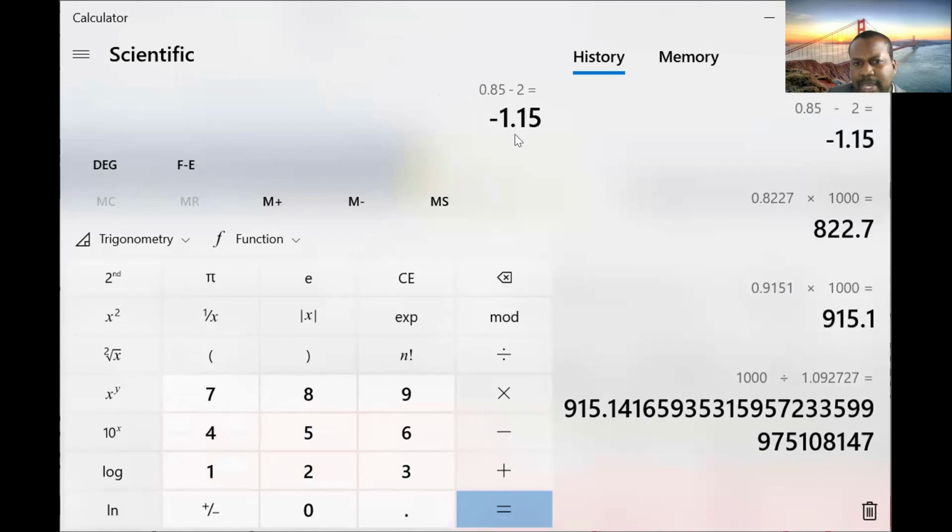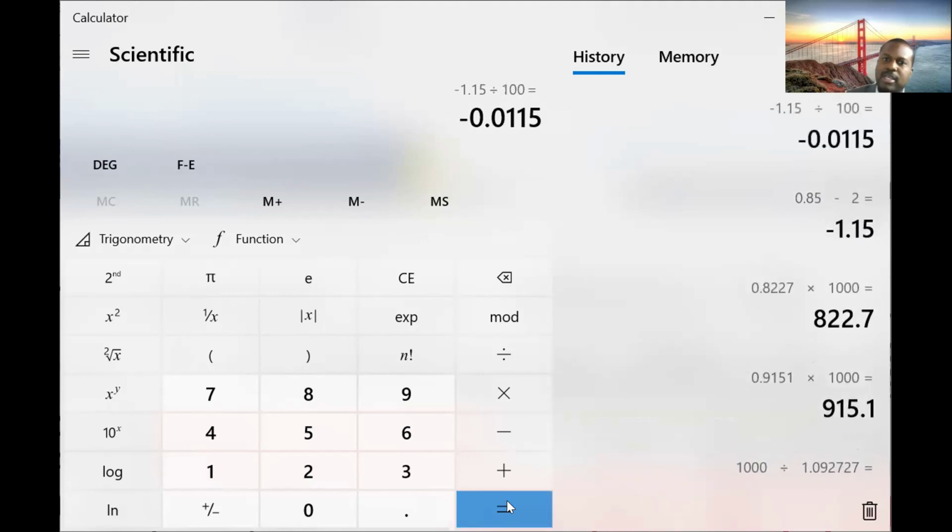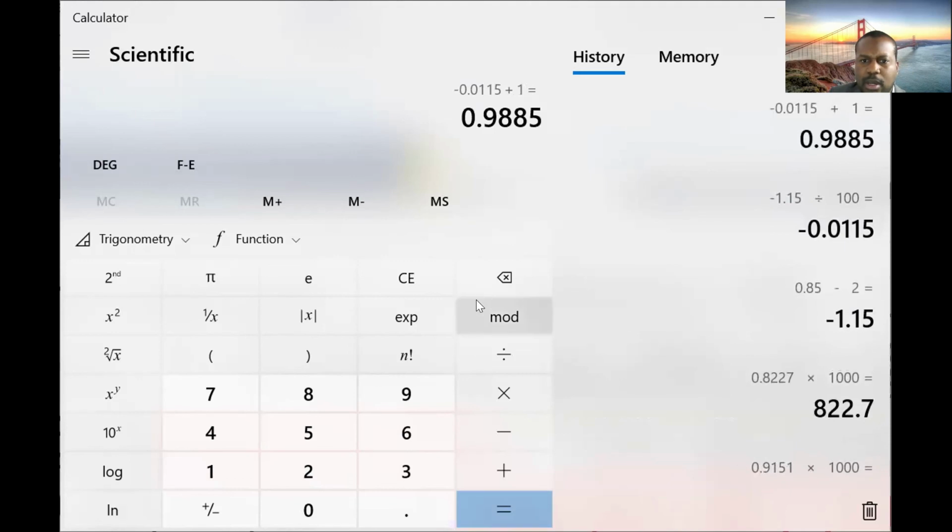So we know now that basically there is an inverse of erosion of 1.15. We divide this by 100, because once it's percentage, you need to divide it by 100. So it's 0.0115. And then we need to add 1 to it, because we know, so, okay, sorry, actually add -2. We were supposed to do the inverse, so we -2.